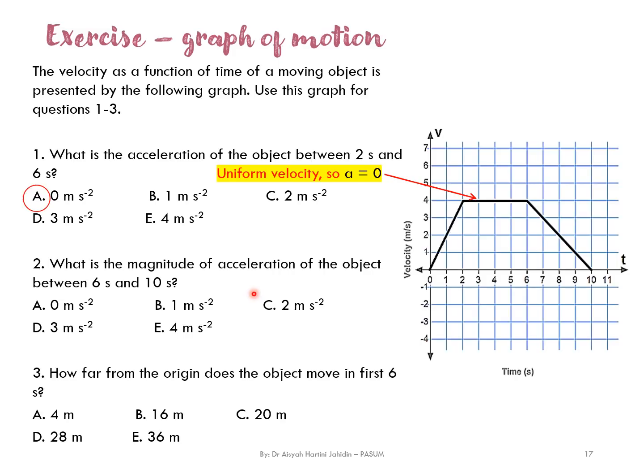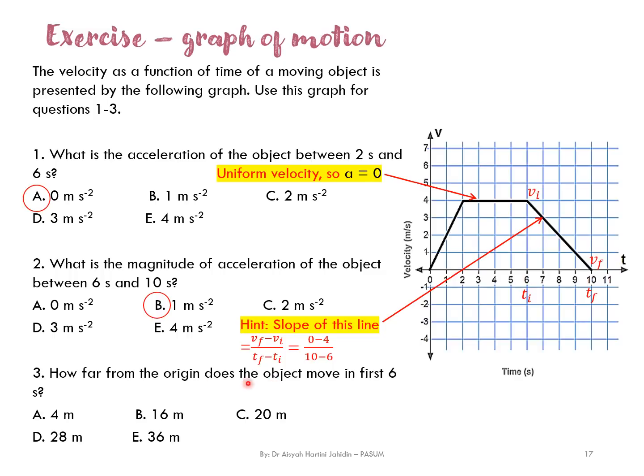For number 2, what is the magnitude of acceleration of the object between 6 seconds and 10 seconds? Again, from the v-t graph, the acceleration is represented by the slope of the graph, which means that we need to calculate the change of the velocity over the time interval.